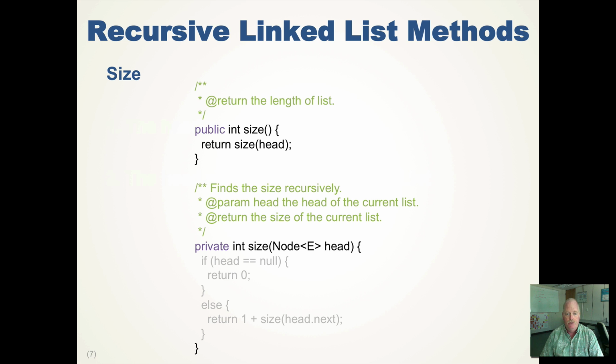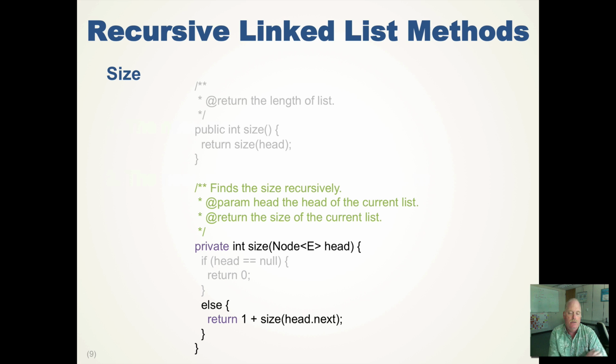So we're going to use the size that takes a node as our recursive method that will actually do the counting of the size. So if the thing that is passed in is null, we return 0. Else recursively, we do 1 plus the size of head.next.